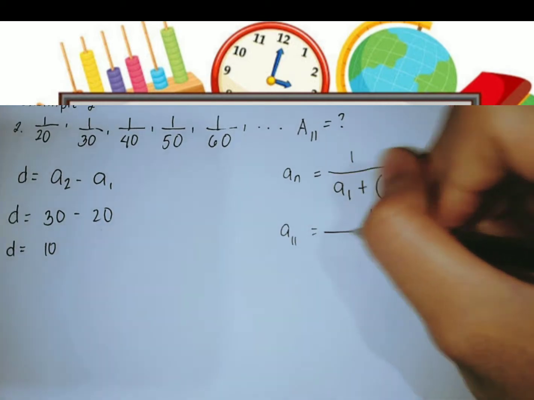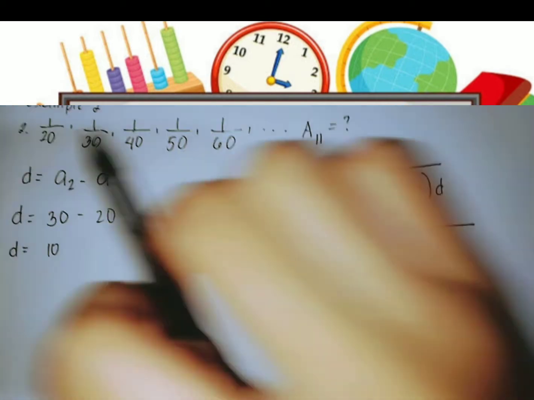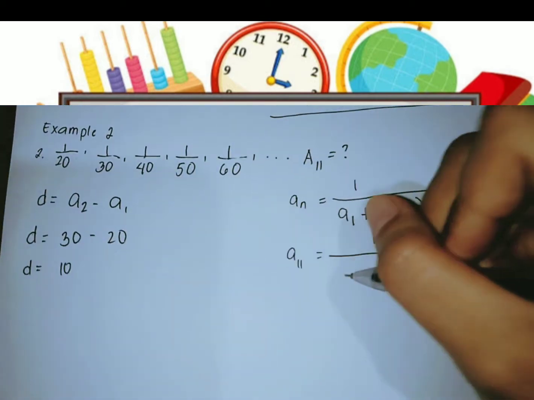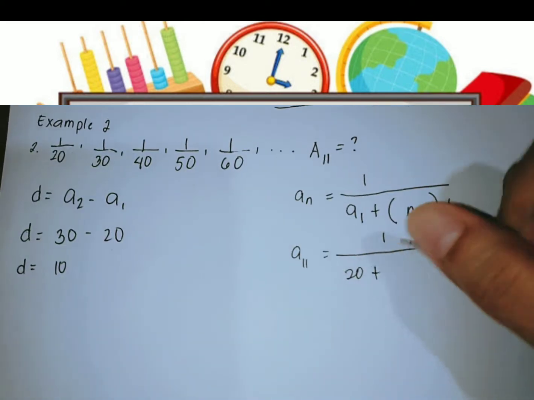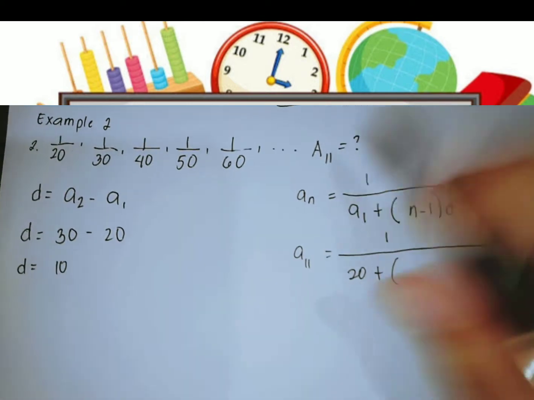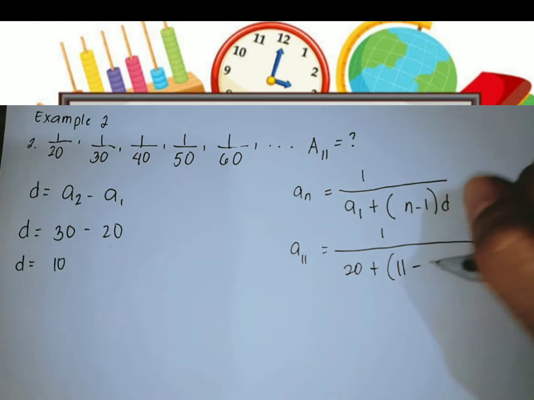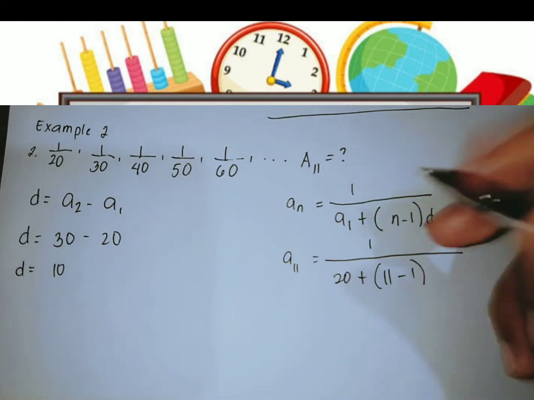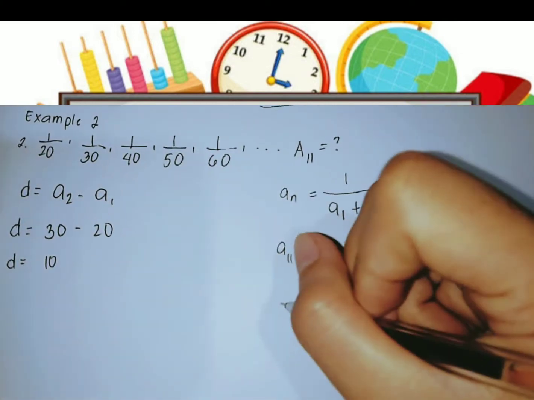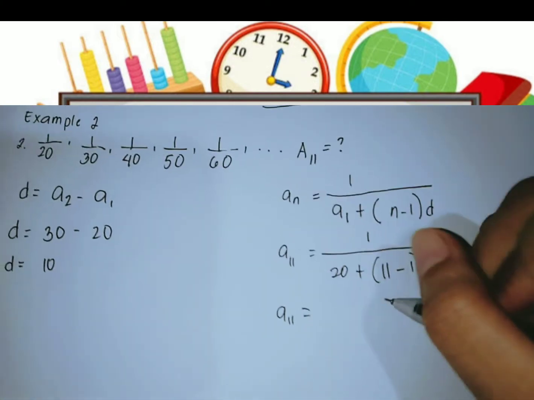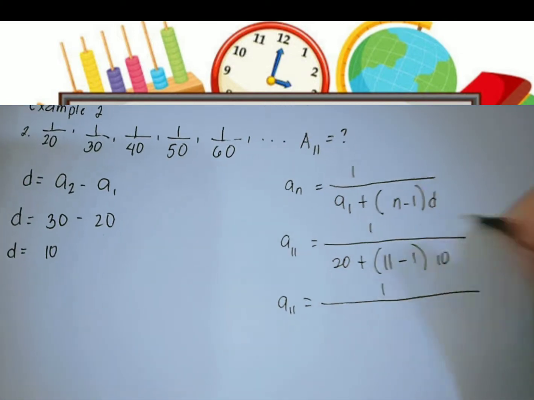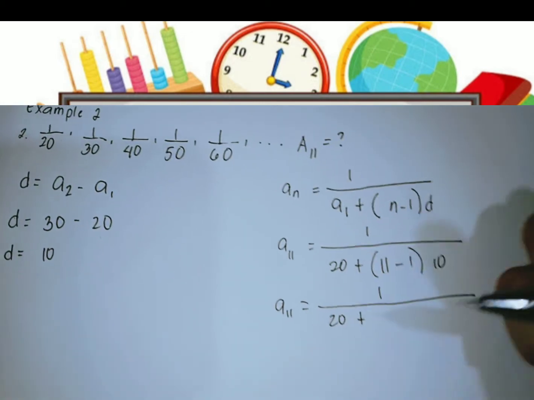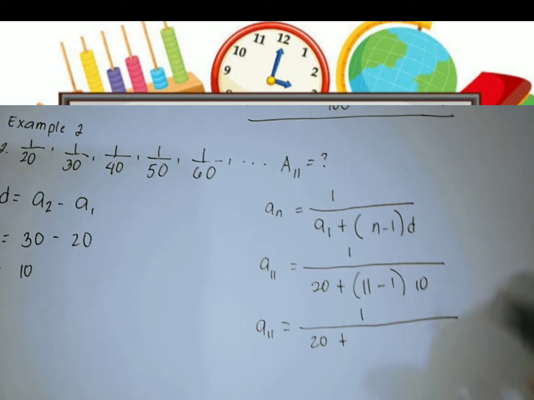So 1 divided by our a sub 1, which is 20, plus our n, 11 minus 1, and our d, the common difference, is 10. So a sub 11 is equal to 1 divided by 20 plus 11 minus 1, which is 10, times 10.